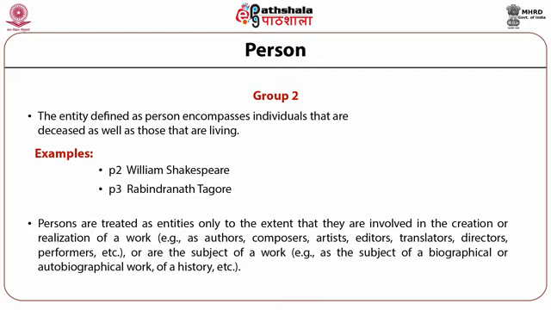There are editors. Then translators: some book is written in English and has been translated into Hindi by some person, so the translator is most important and acts as a person in the creation of that work. Then directors; motion picture and video I have explained in module 2. Then directors and performers. Those who perform are also creators of that work, or in some cases the subject of a work.